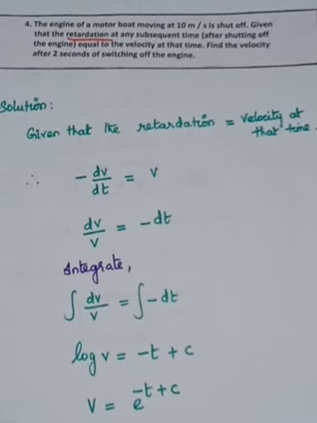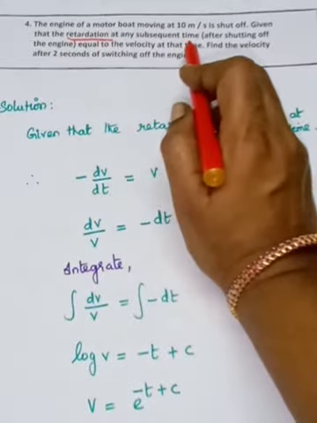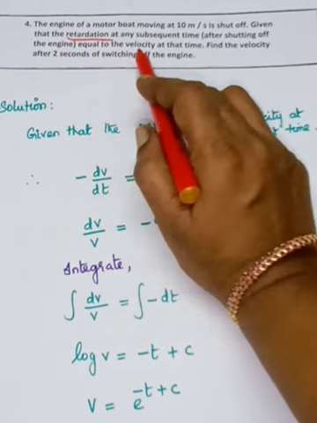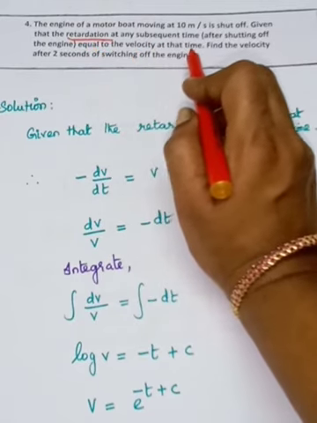So acceleration is the rate of change of velocity. So the rate of change of velocity being negative is called the retardation. That retardation at any subsequent time is equal to the velocity at that time.